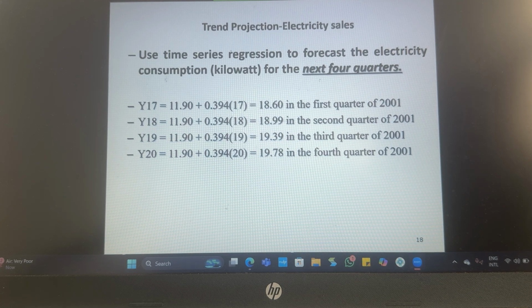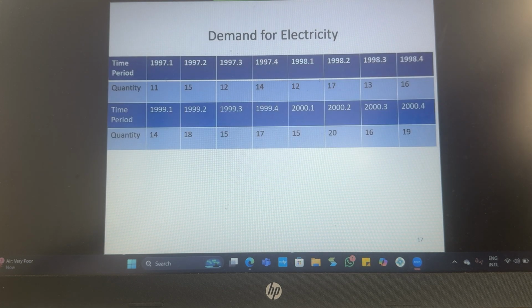Okay, now I want you to get a pen and write down this data set like this, right? Time, quantity.